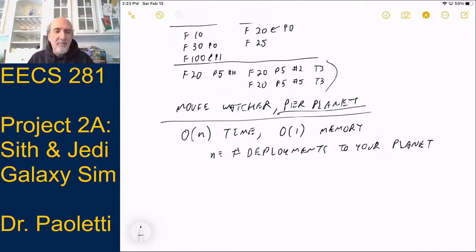Okay, so you've got a fixed amount of memory, and you can only spend a fixed amount of time considering each deployment.